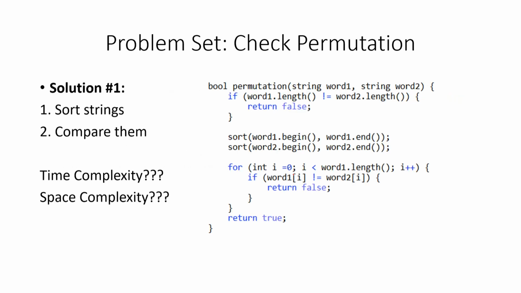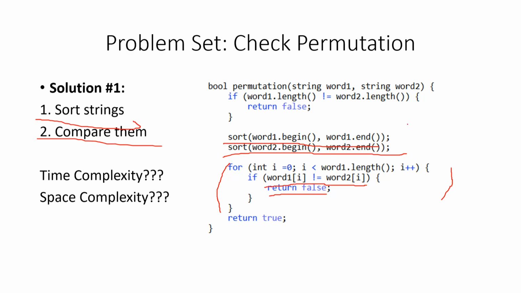So here the first solution is to again sort both of the strings and compare them. For example, we sort the first word and the second word, and we compare after sorting both of them, and if the letters are not equal, then return false. The time complexity again consists of two parts.